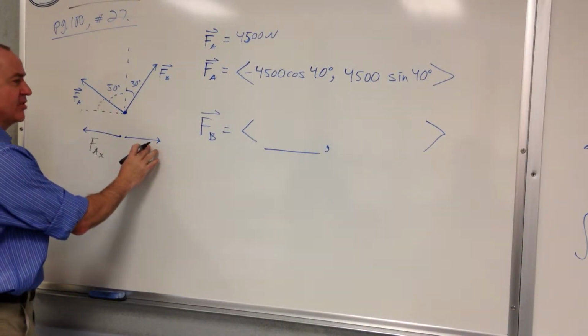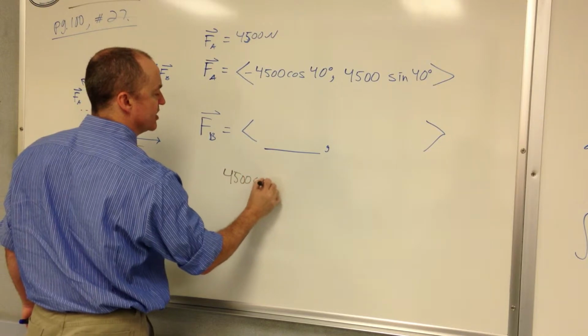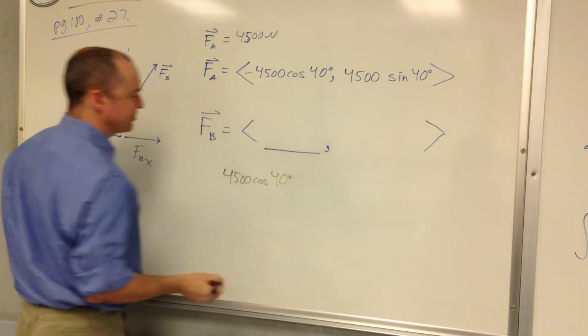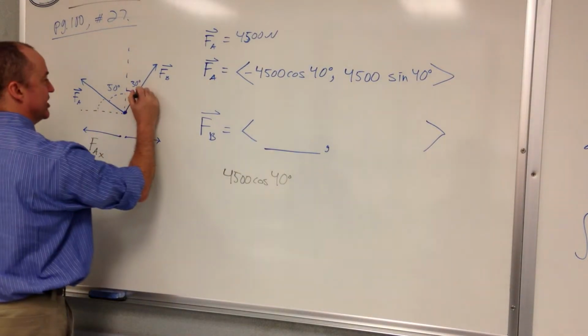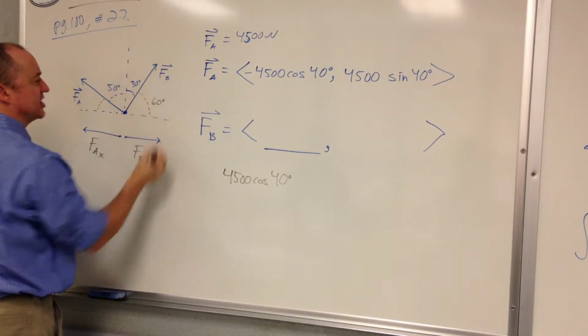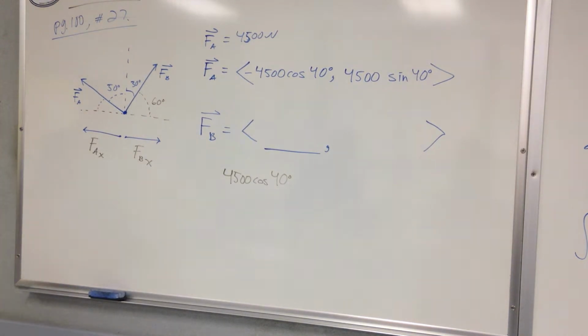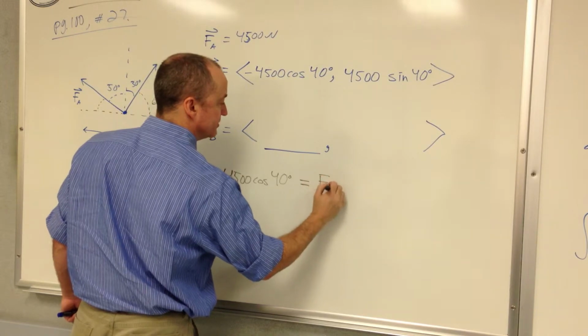So force sub B in the horizontal direction is going to be 4,500 cosine 40 degrees. Is it acting at a 40-degree angle, though? No, it's like a 60 degree. Very good. If we go back to our unit circle, it's acting at this 60-degree angle here, and it's in the first quadrant, so both cosine and sine could be positive.